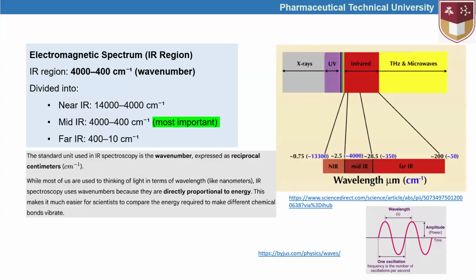Another point we have to keep in mind is that for sound we use hertz, where the unit includes the second, the number of cycles per second, and here it is the number of cycles of the wavelength per centimeter.